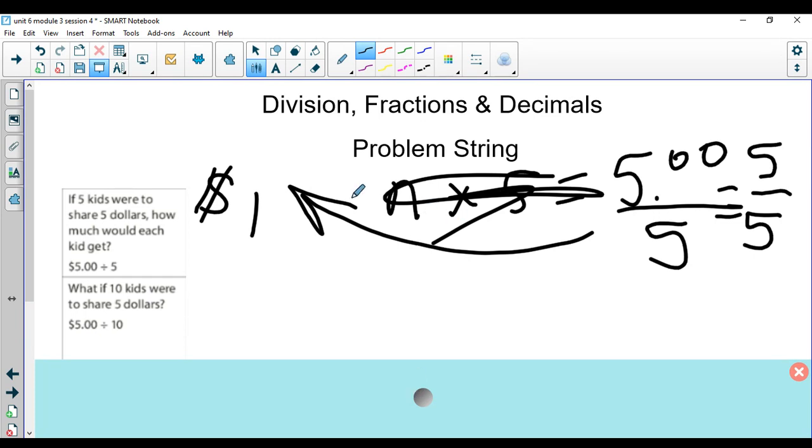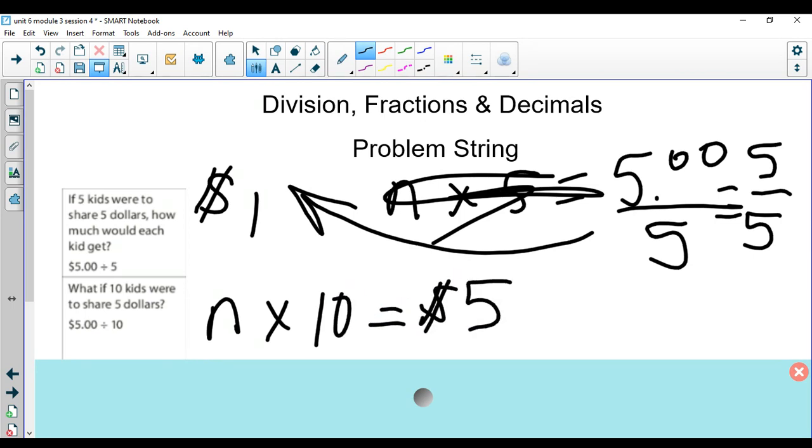Okay, so knowing that if you were dividing $5 by 5 people, how does that help you solve this next one? What if 10 kids, so now we're doubling the divisor, what if 10 kids were to share $5, same amount? So now what times 10 would give you $5?